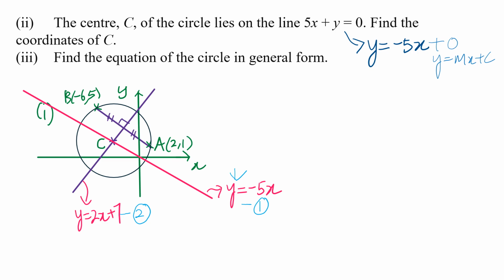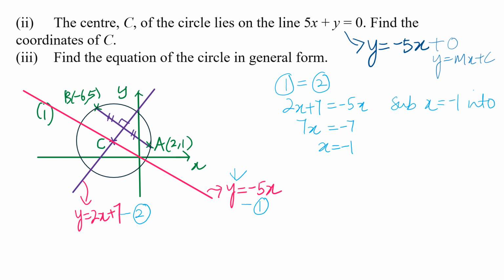So we're going to let equation 1 equal equation 2. Therefore the coordinates of point C will be (negative 1, 5).